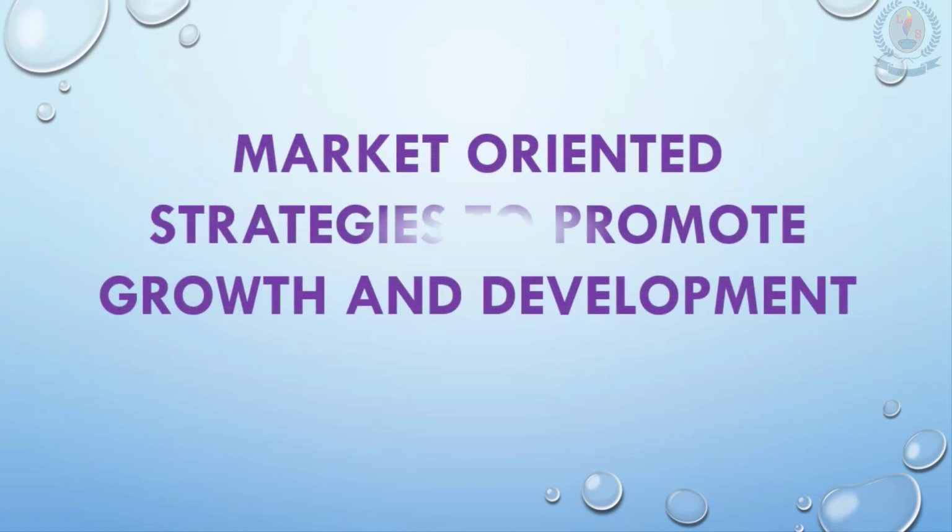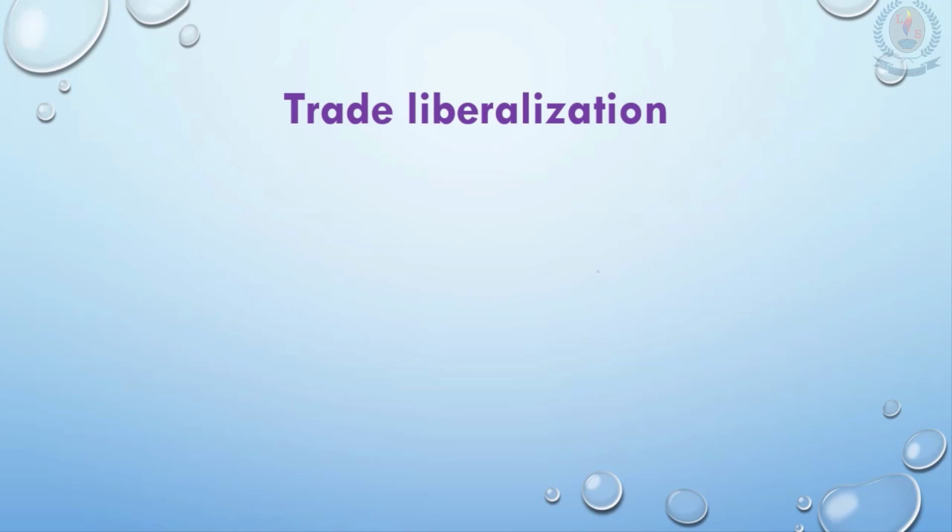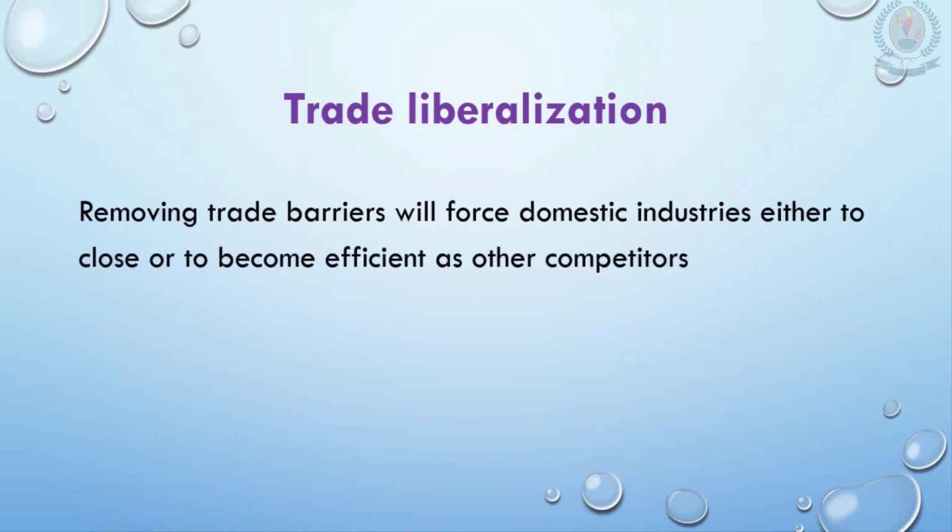Market-oriented strategies to promote growth and development. Trade liberalization. As we all know, it involves removing the trade barriers which hinders free trade between countries. Removing trade barriers will force domestic industries either to close down or to become as efficient as the other competitors.